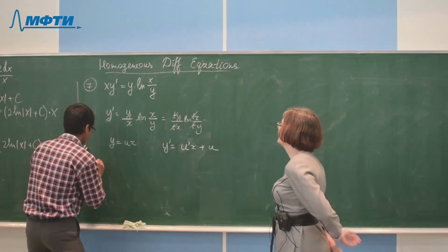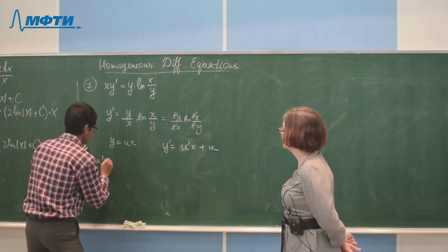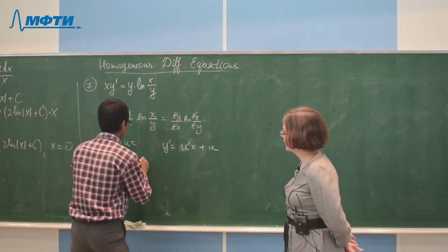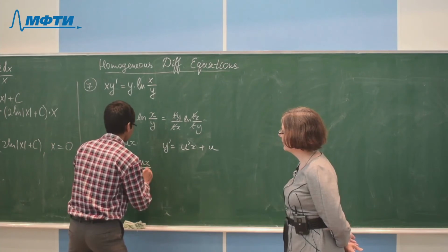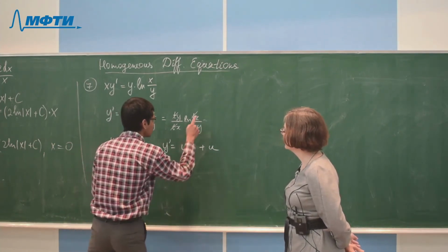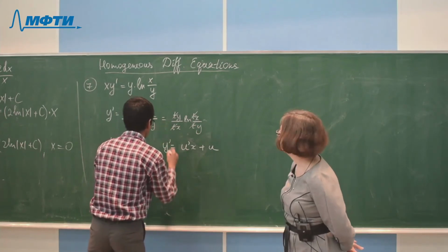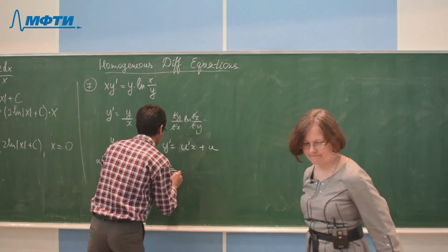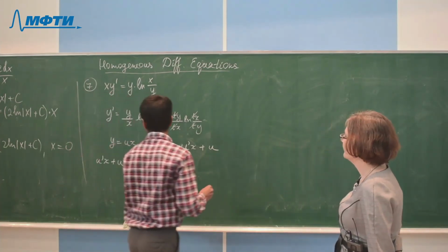So u, and x by y, so x divided by ux. Correct.